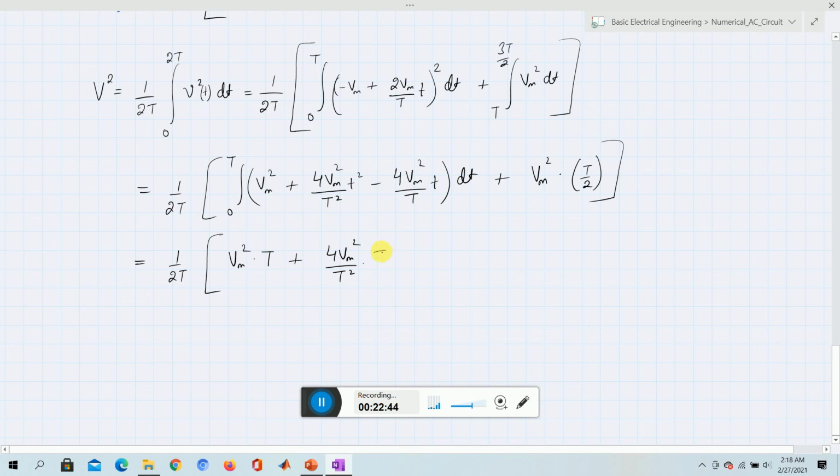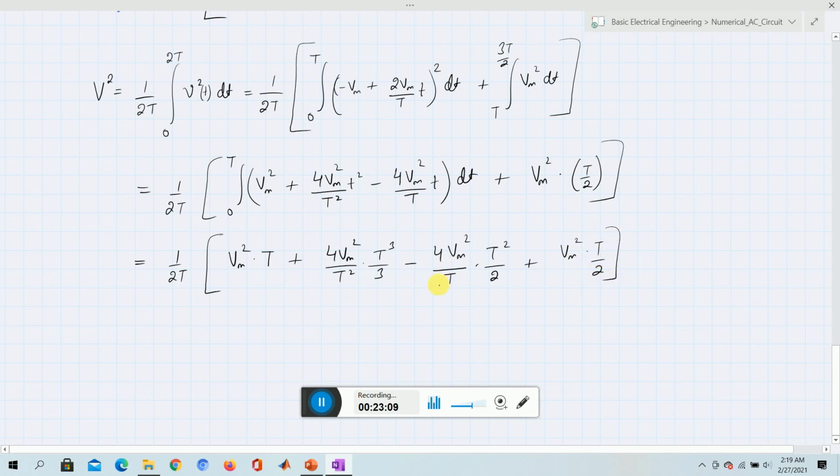So instead of adding small t, we are just putting the limit directly here. T cube by 3 minus 4Vm square by T, and this will be t square by 2. So directly putting the value here, plus Vm square T by 2.